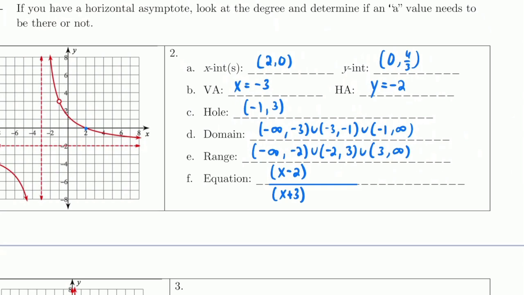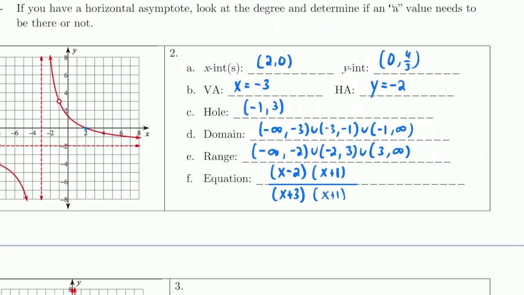Next, let's actually not skip over the horizontal asymptote for now. Let's do our hole. Our hole, we get that by canceling out a factor in my numerator and my denominator. So I have an x value of -1 for my hole, which means I cancel out a factor of x + 1 on my numerator and my denominator for this one right here. And so lastly, we're going to look at the horizontal asymptote.